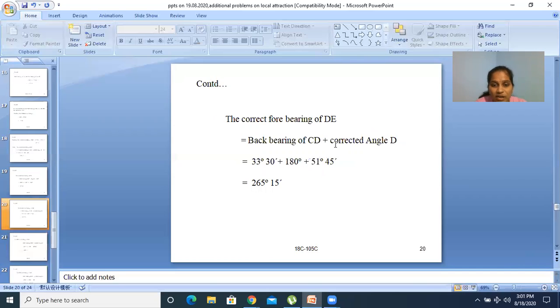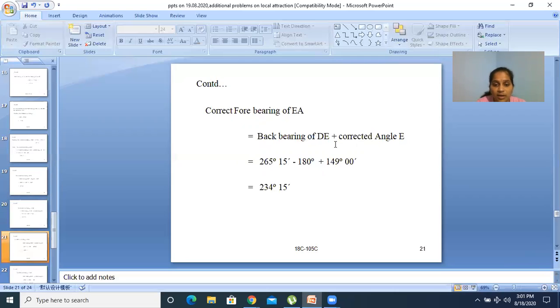What is the forebearing of DE line? 265 degrees 15 minutes, which is greater than 180. So 265 degrees 15 minutes minus 180 plus angle at that place, 149 degrees 00 minutes, the total is 234 degrees 15 minutes. This is the correct forebearing of EA line.